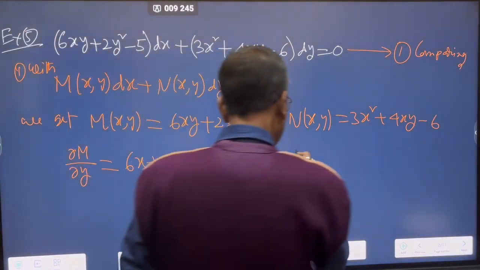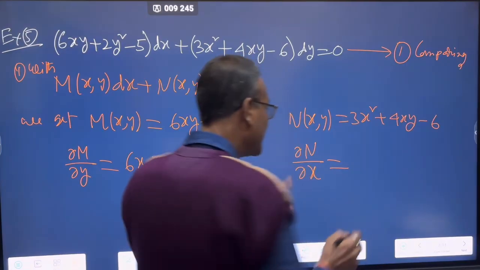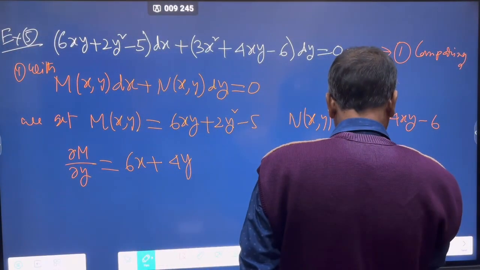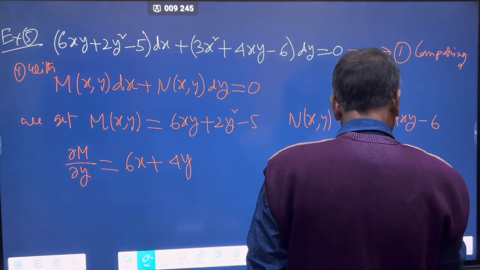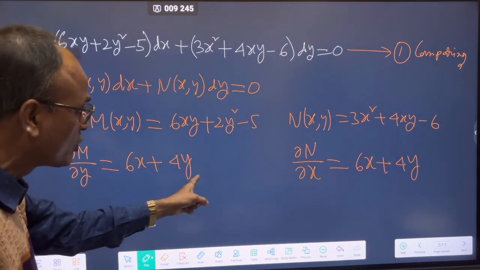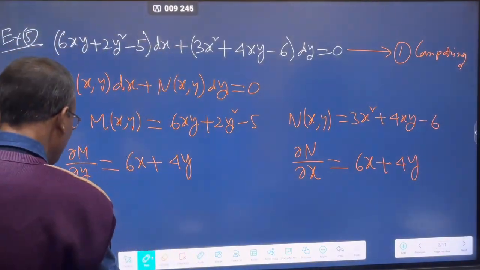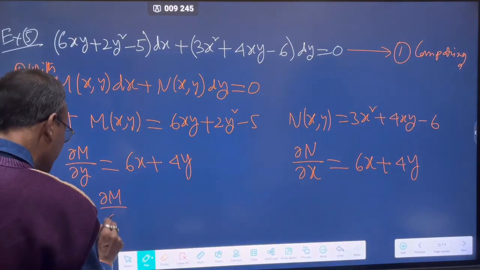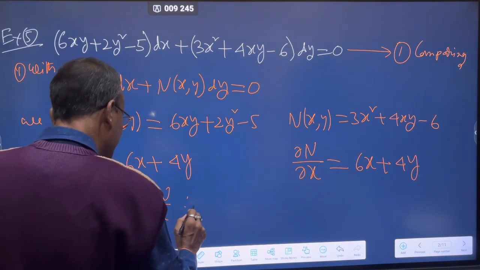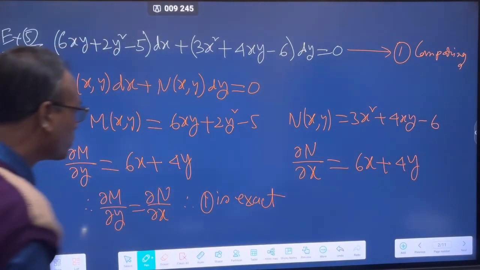And del N by del x, with respect to x, treating y as constant, is 6x plus 4y. Therefore, del M by del y equals del N by del x. Therefore, 1 is exact.